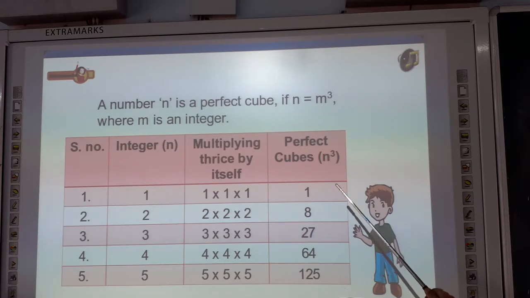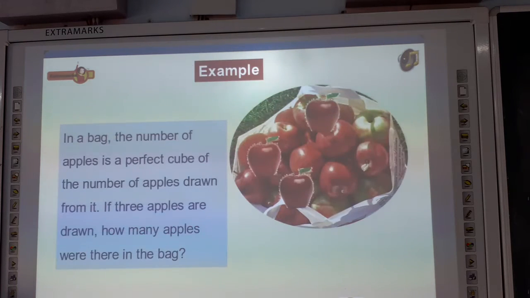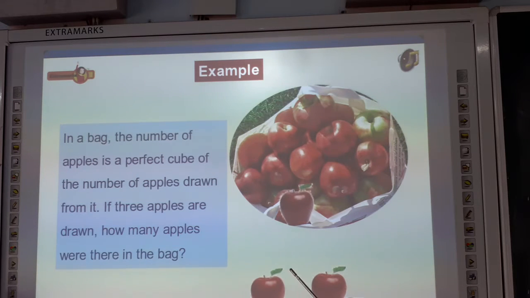These are the cubes of the first 5 natural numbers shown here in this tabular form. In a bag, the number of apples is a perfect cube of the number of apples drawn from it. If 3 apples are drawn, how many apples were there in the bag?